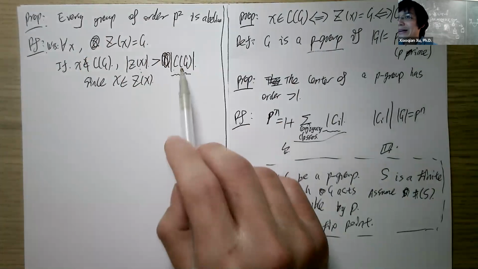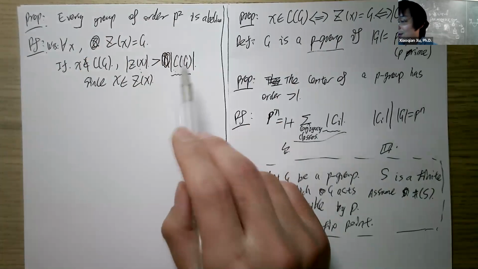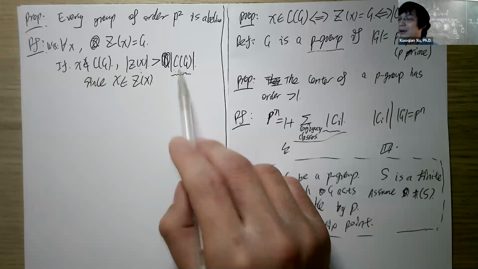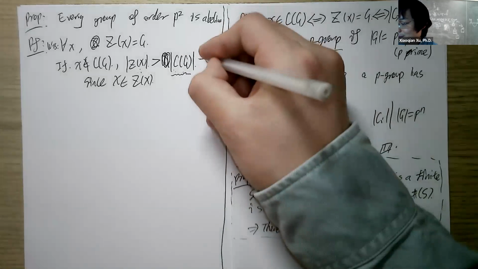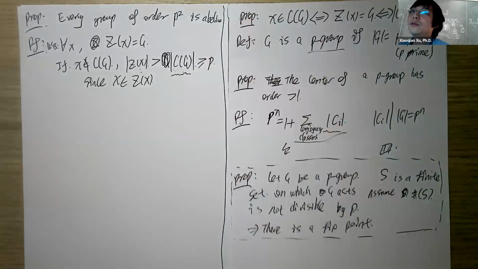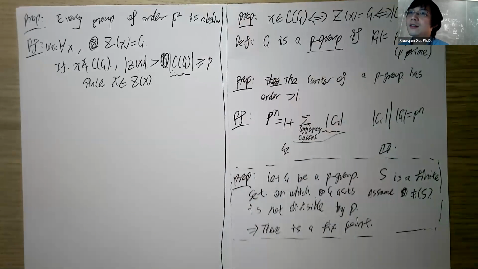This guy is non-trivial. So either this equals P or it equals P squared. It cannot equal 1. It's a subgroup of G, so it cannot be 1. It must be P or P squared.